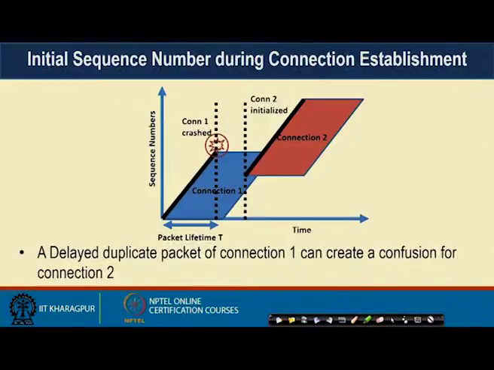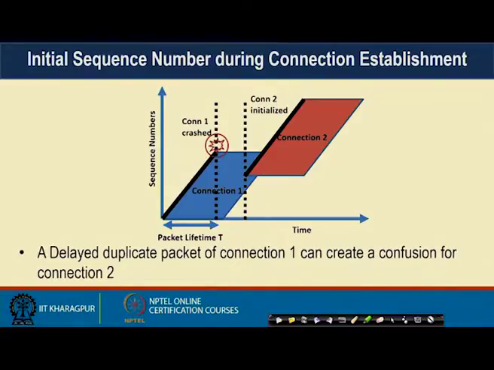So, within this timeout duration t, of every byte with a sequence number only one such instance is outstanding in the network. There are not more than one instances of the same byte in the network, same byte meaning the byte with the same sequence number, which can create confusion for the receiver. We are looking into this problem from the context of the forbidden region.